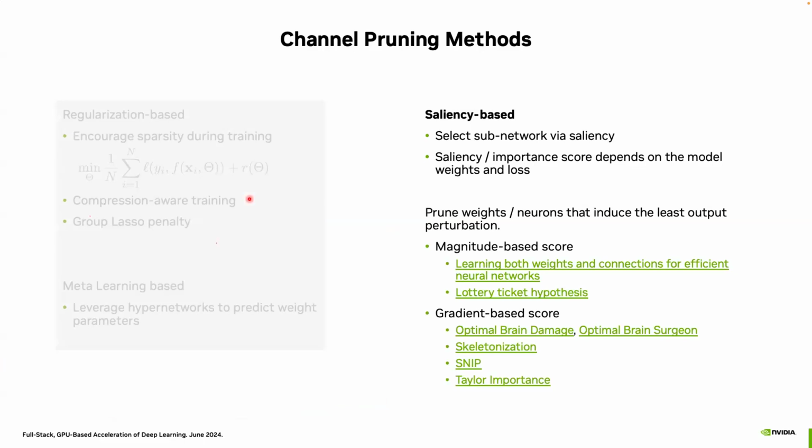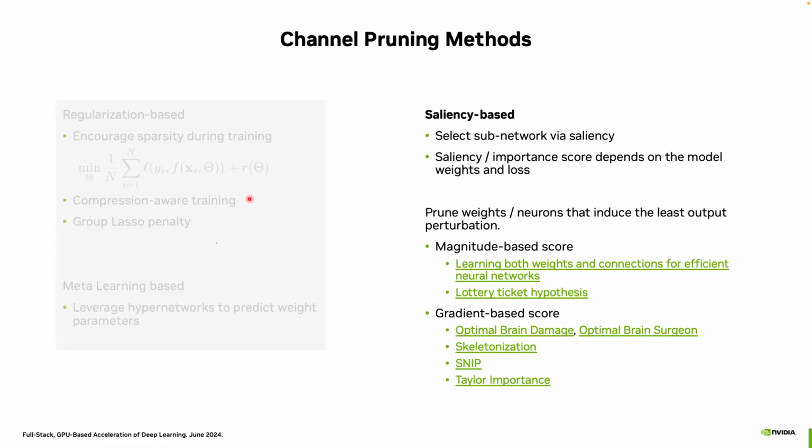So for saliency-based method, as I just mentioned, it uses a metric to get a score indicating how important a parameter is or a channel is, according to how much it will induce the loss perturbance to the output. I think the magnitude-based method is quite intuitive, because if the model weight is small, close to 0, which basically means that the output induced by that weight is small.